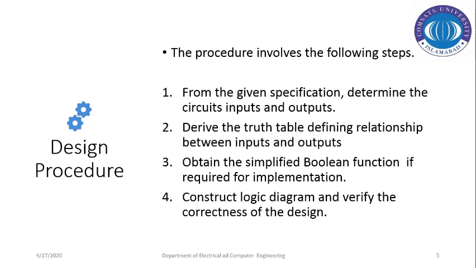The relationship can be described in several ways. Either we can have a timing diagram, or a truth table, which is a table used to present all the possible combinations of inputs and outputs, or a logic diagram that represents the interconnection, how the inputs are processed by the circuit in order to generate the outputs.